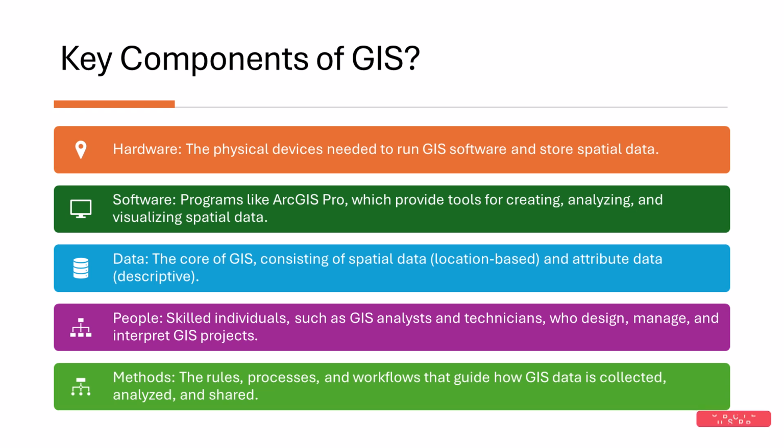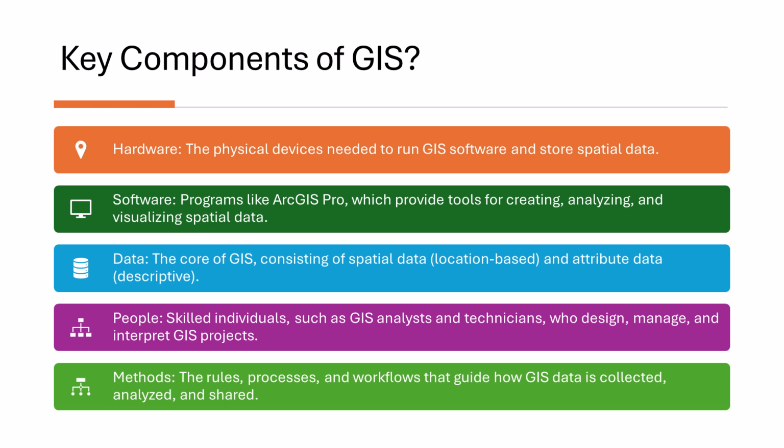Then we have people. People are essential in GIS because they manage the system, interpret data, and make decisions based on the GIS analysis. GIS professionals like analysts, technicians, and cartographers use their skills to solve spatial problems and deliver insights.